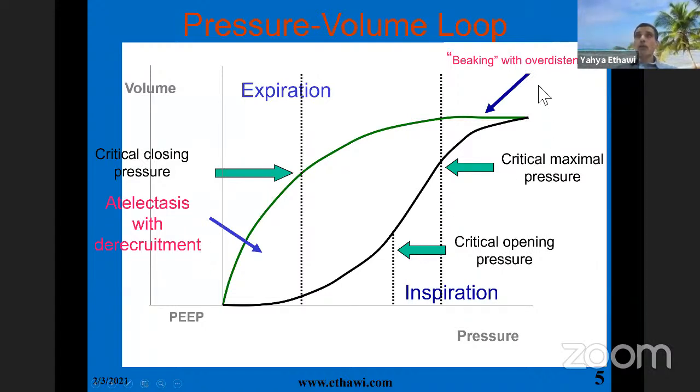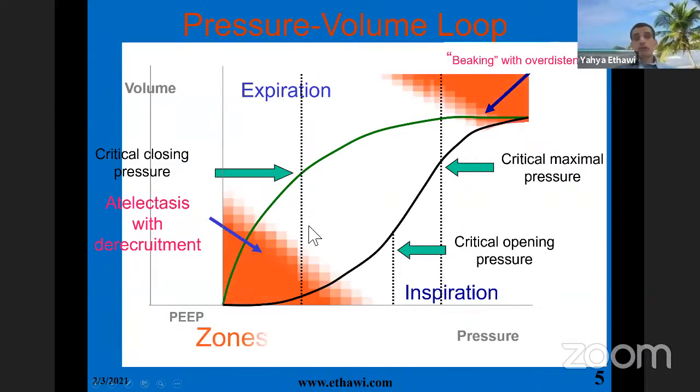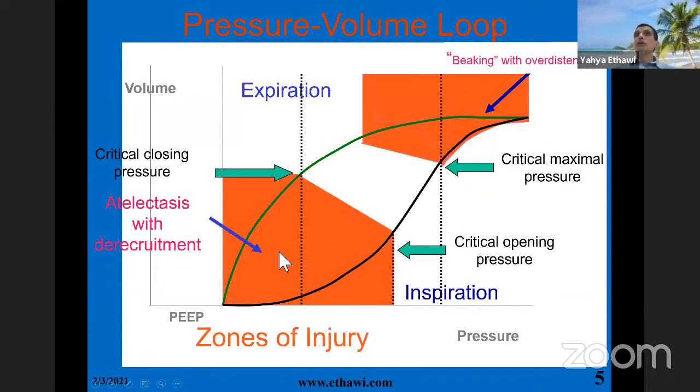That's what we call the unsafe zone, the injury zone: injury due to derecruitment and injury due to overventilation. We want to ventilate the baby in here, in what we call the safe window, the safe zone.